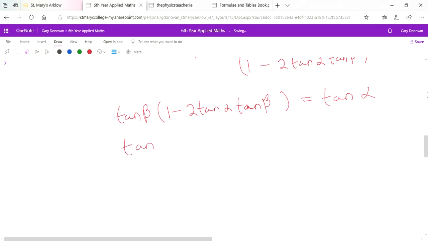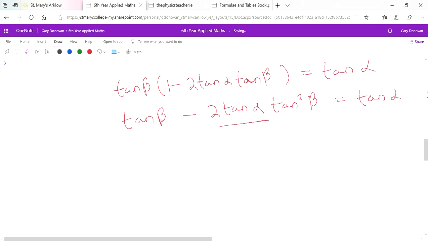That's tan beta minus 2 tan alpha tan squared beta equals tan alpha. I'm going to bring all my terms with a tan alpha to one side because I need one tan alpha in my final equation: tan beta equals tan alpha plus 2 tan alpha tan squared beta.